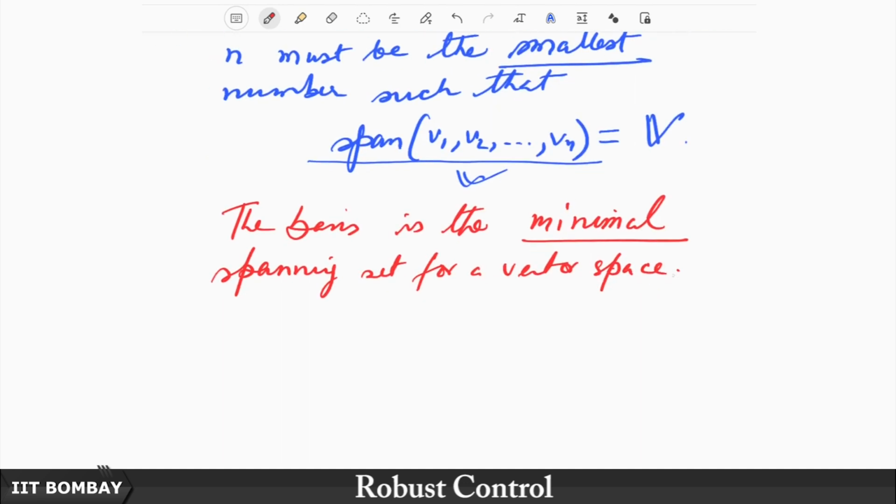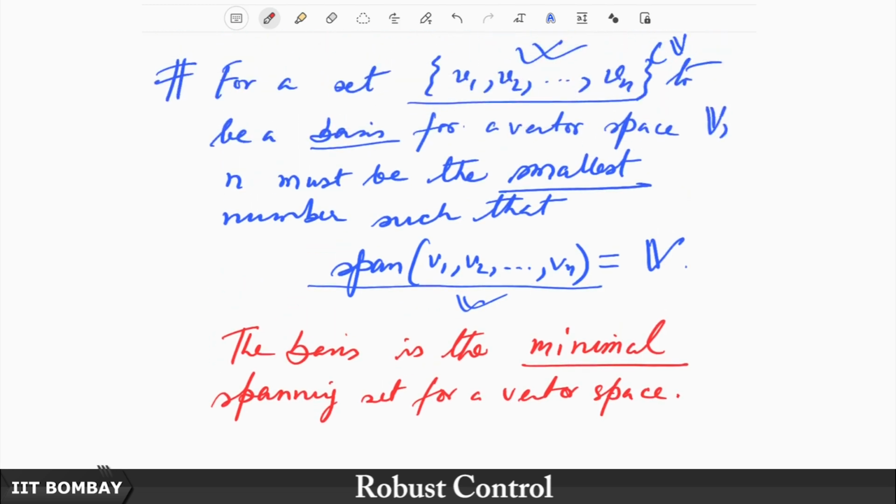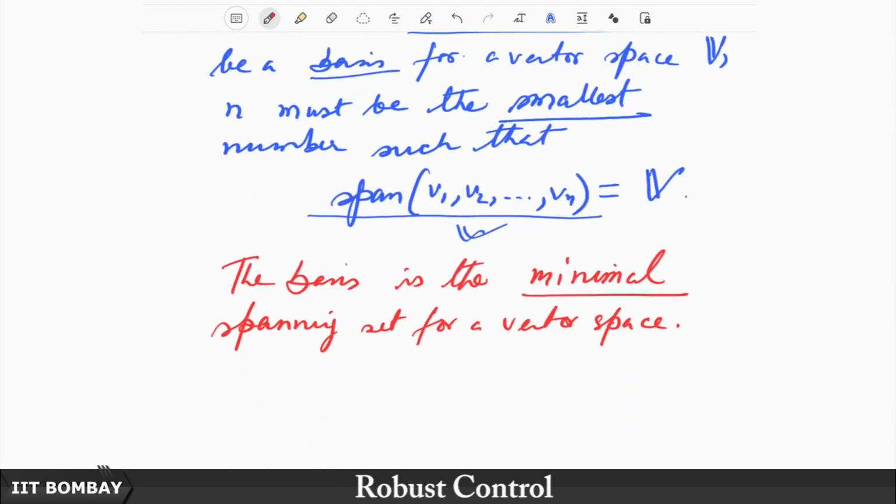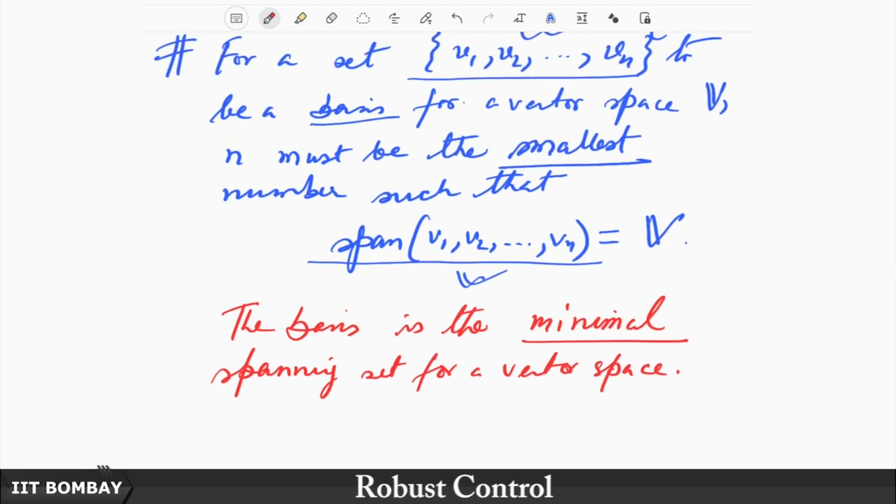Minimal in terms of the cardinality or the number of elements in it. Notice very carefully what happens. If the number n, the number of elements in this set, is not really as small as it can be, that means it contains some superfluous vectors which need not have been present in this set after all, right. That means we could have spanned this vector space using a smaller number of vectors.